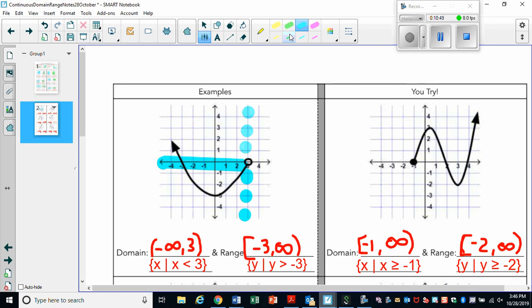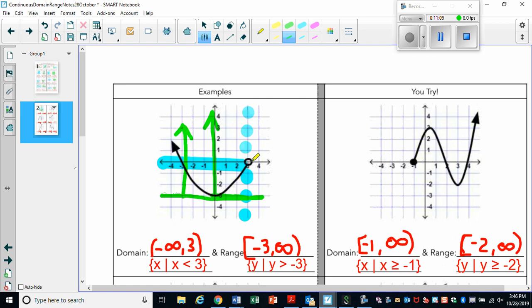Now for the range, the height, it goes from negative 3, that is our low point, and we include negative 3, so we have a bracket, and it goes up forever and ever.